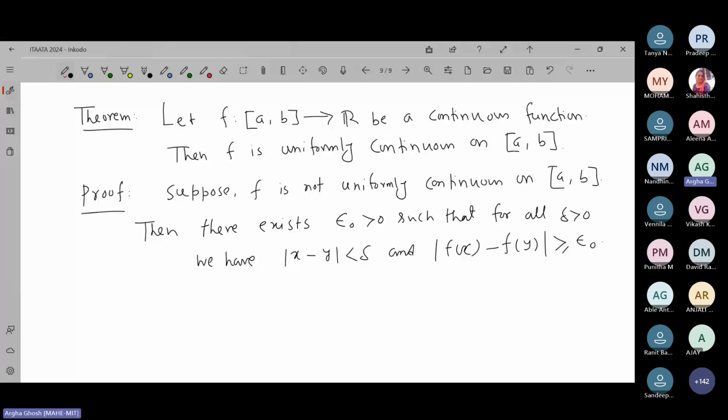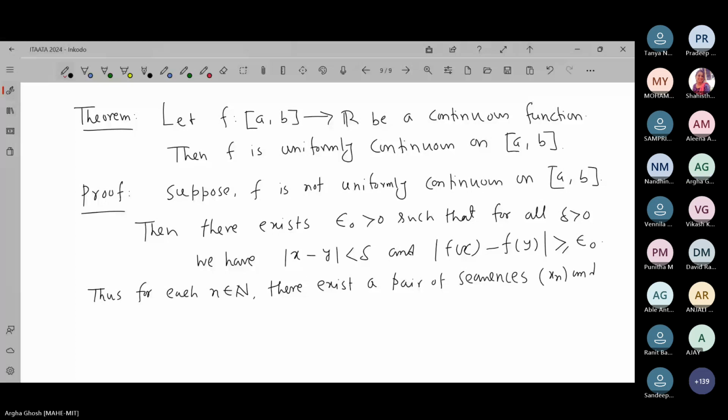So thus, for each n belonging to the set of natural numbers, there exists a pair of sequences x_n and y_n such that |x_n - y_n| is less than 1/n and |f(x_n) - f(y_n)| is greater than or equal to epsilon naught.